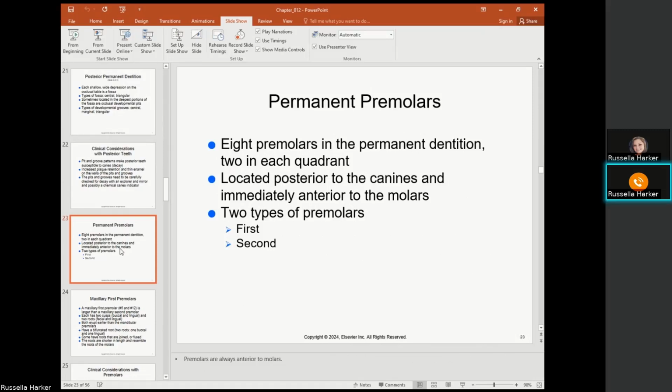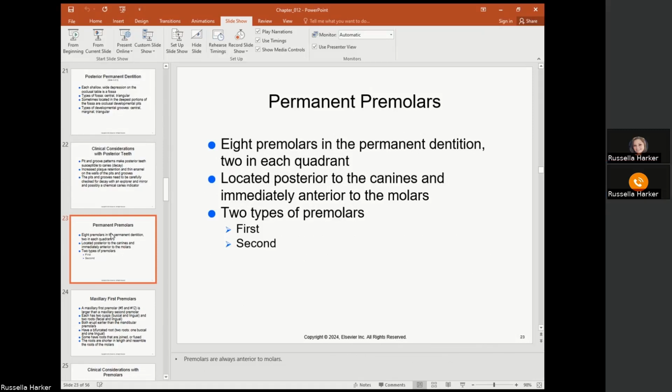Premolars are always anterior to the molars, so they come in before the molar. Think before: the premolars are before the molars. But you do need to take into consideration that there are no premolars in the primary dentition. There are only 20 teeth in the primary dentition, where there are 32 in the adult dentition.